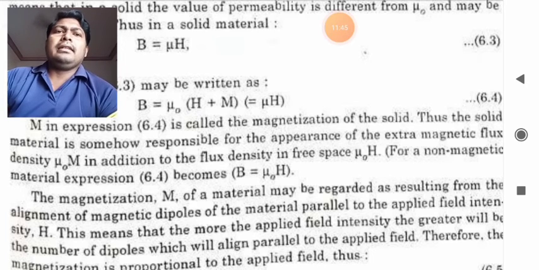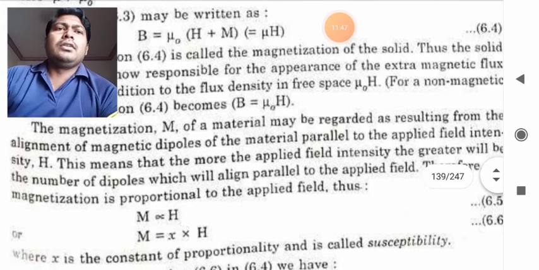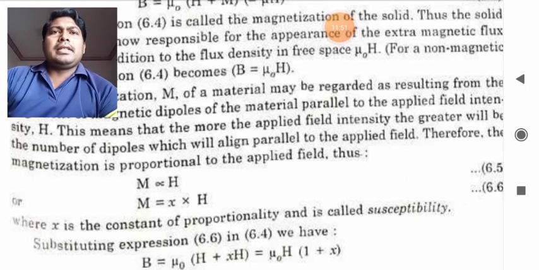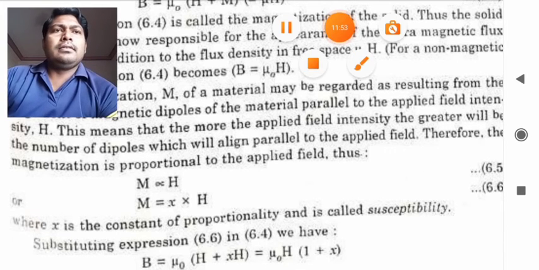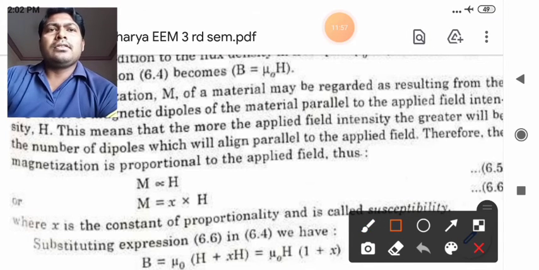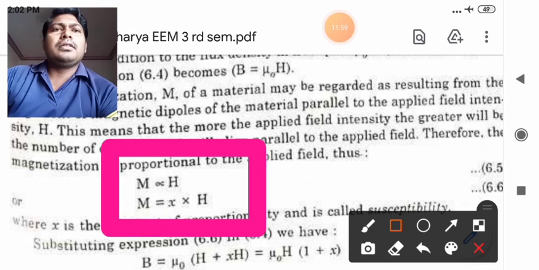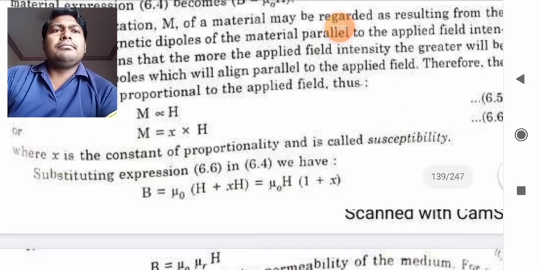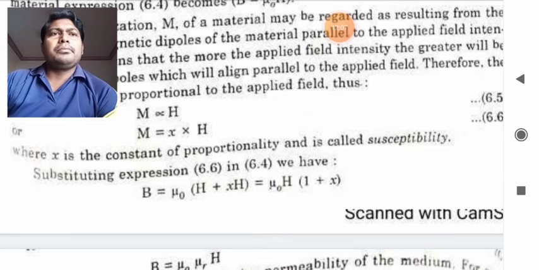Therefore, the magnetization is proportional to the applied field, M is directly proportional to H, which gives M is equal to X into H, where X is the constant of proportionality and is called susceptibility.